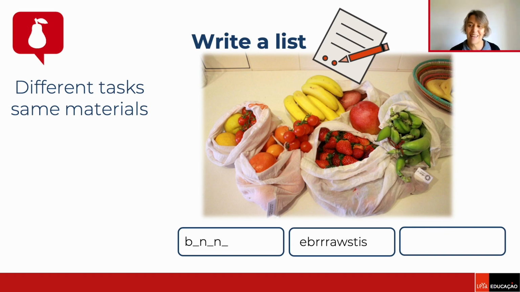So one option is to get them to work in mixed ability groups, and within the group, they're doing different tasks, so they're still within a group, so they're helping each other. And one thing I particularly like is to let the children choose. So you're quite upfront about it, and you say, these are the 3 options that we have, and you can choose.